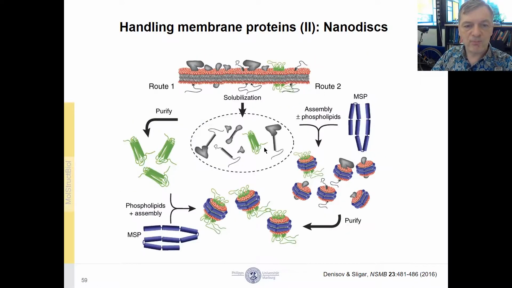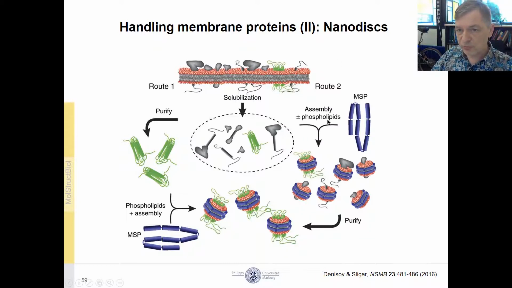So the way to make them is pretty similar to before. In the first part, you make a solubilization with detergents. They are not shown here anymore; they have just been omitted from this slide. So you purify, you solubilize everything, and then you add this MSP, this fancy little protein that then forms this kind of defined disc, and you also have to add some lipids, because then you can make an assembly with defined lipids and not necessarily with some crude mixtures from your native preparation.